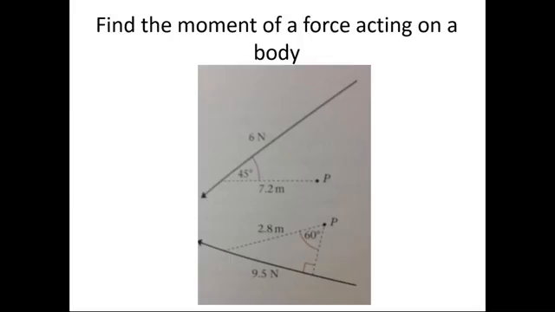So we're going to have an object, and we'll just say that that's the center of gravity. We put a force in this direction, let's call it a 10 Newton force, and let's call it 2 meters from the object. The distance we use is the perpendicular distance from the object.